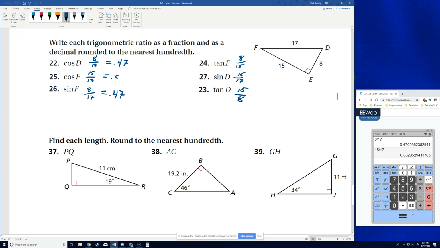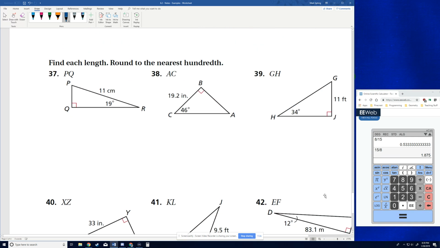So it's going to be 0.88. 15 over 17 is this one as well, 0.88. And I got 8 over 15, 8 divided by 15, and 15 divided by 8. So I might as well do both and then write them both down. So this is 1.88. And this one was 0.53.